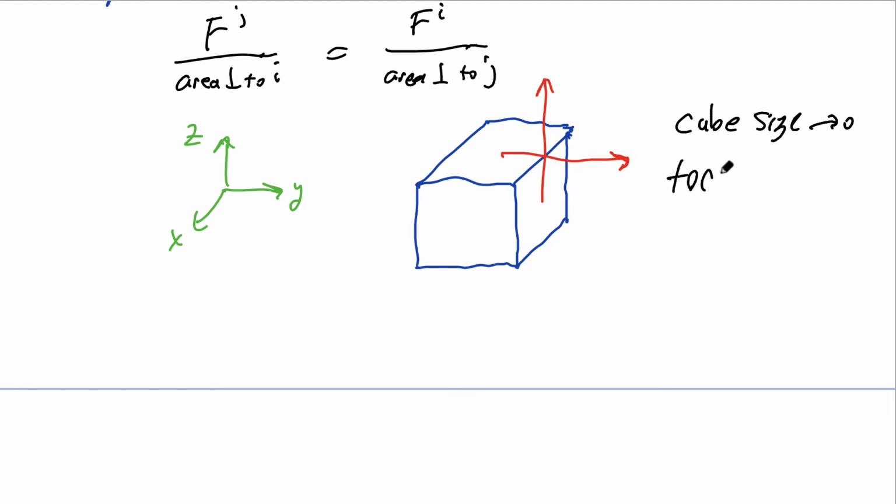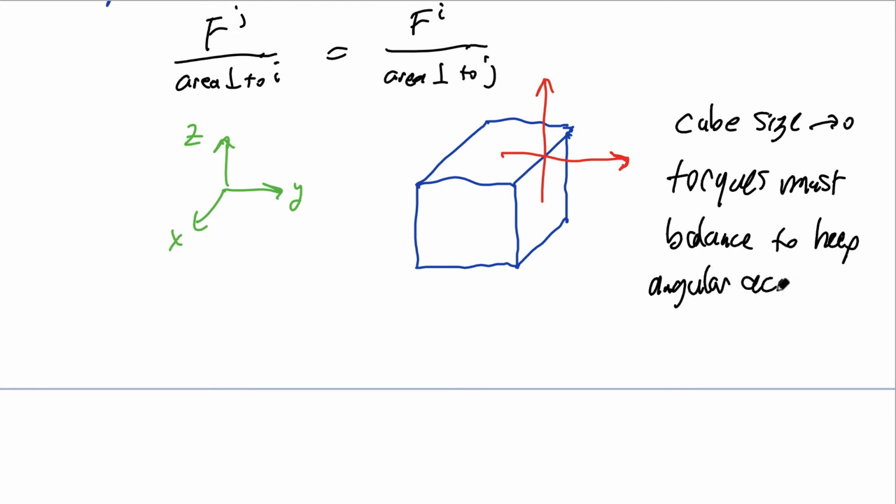So the torques must balance in such a way as to keep the angular acceleration finite. And that condition of the balancing torques is precisely this condition, that the Ji component of stress is equal to the Ij component of stress.